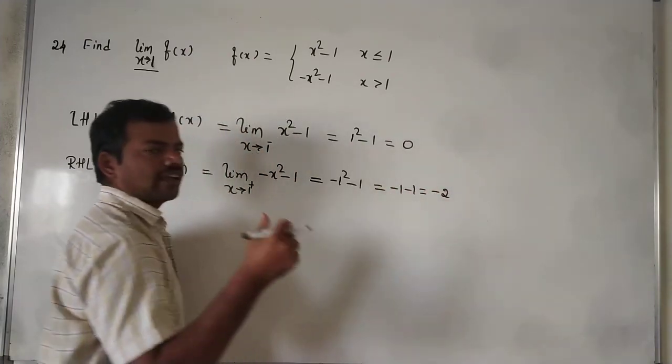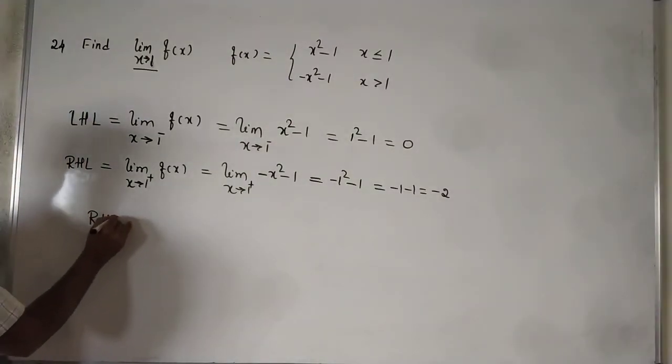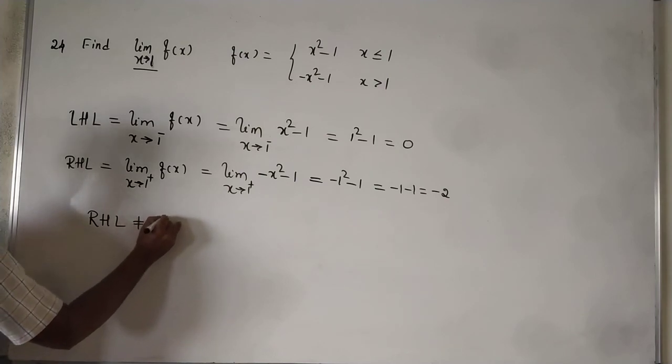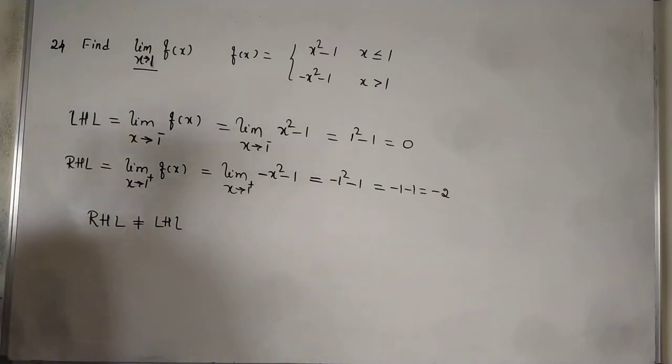The two are not equal. So RHL is not equal to LHL. What does RHL not equal to LHL mean? That the limit does not exist.